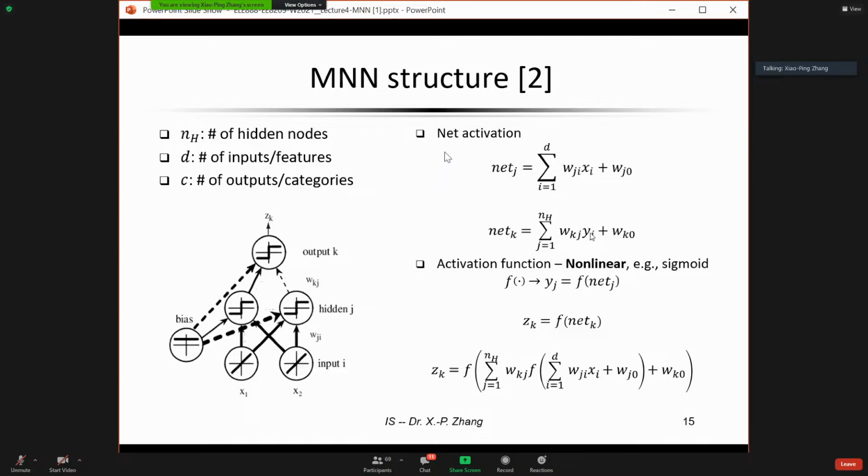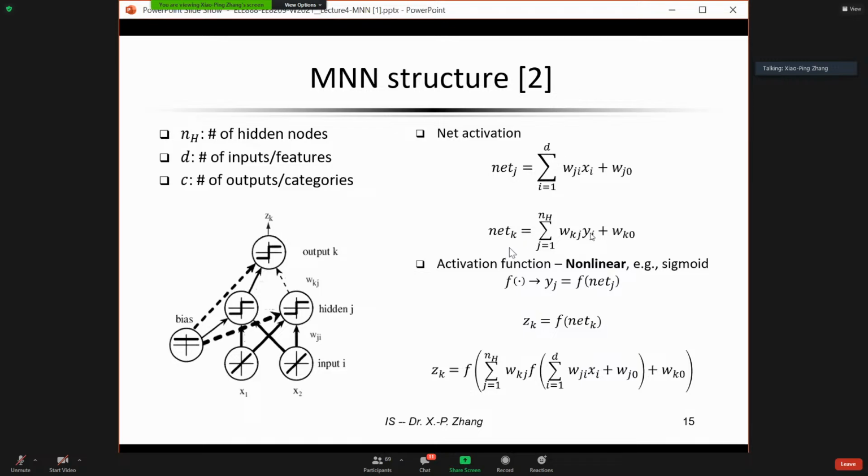So for each neuron, we have two steps. The first step is the net activation, right? This is the J's neuron, basically for the hidden layer, because here we're still talking about this three-layer neural network. For the hidden layer, the linear output is this.